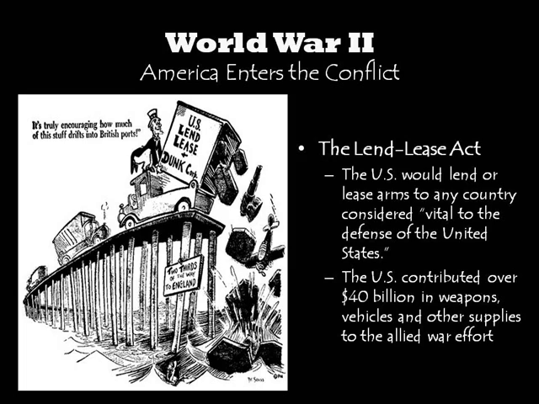A few months after the Lend-Lease Act had been approved in March of 1941, Hitler broke his non-aggression pact with the Soviet Union in June. This would bring the USSR into the war on the side of Great Britain and France. Soon the United States would start lending the Soviet Union weapons under the Lend-Lease Act. But Great Britain was still in need of more allies and more support.